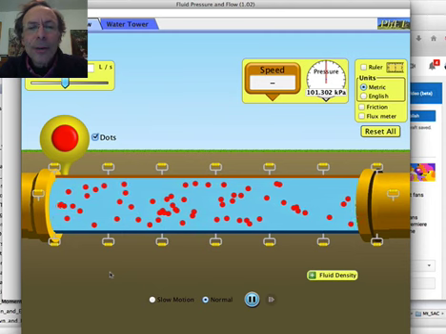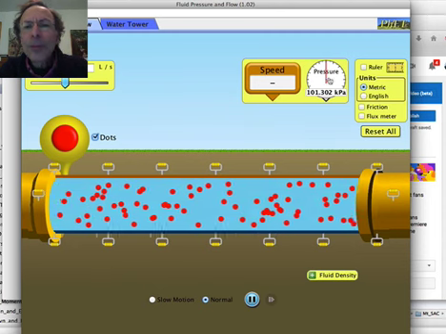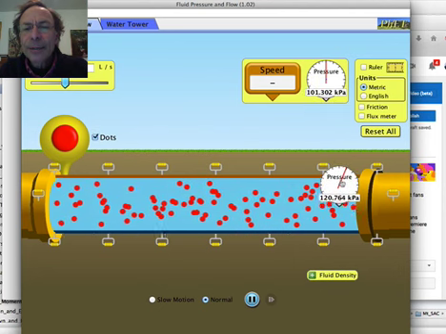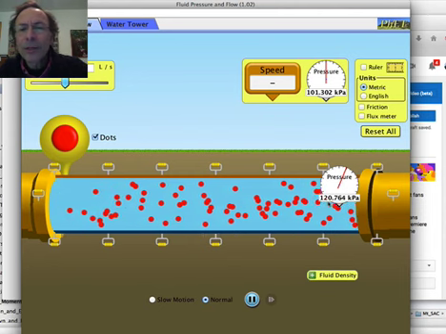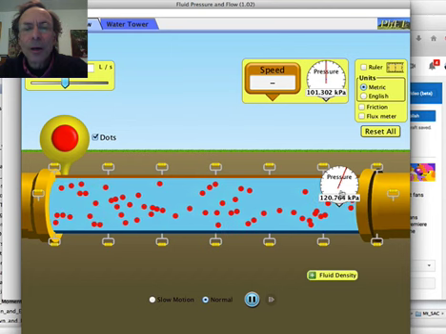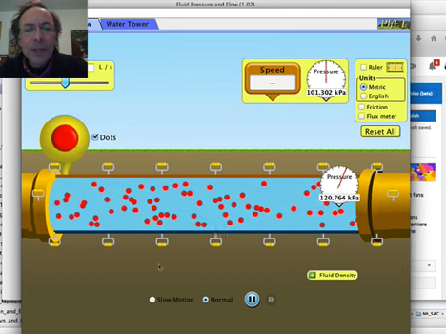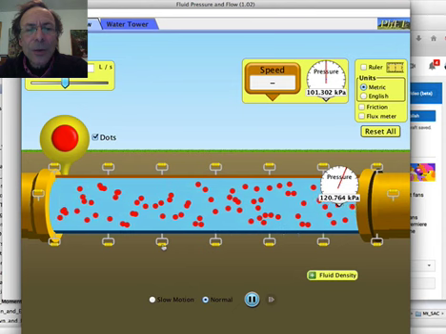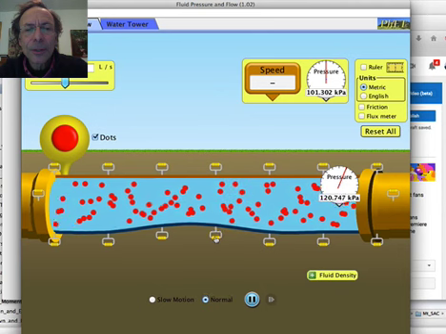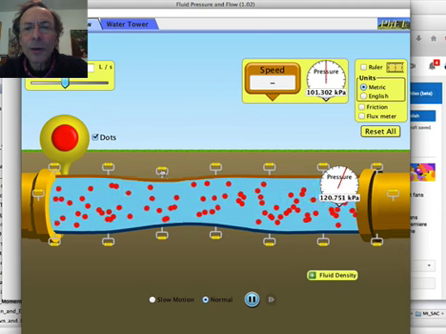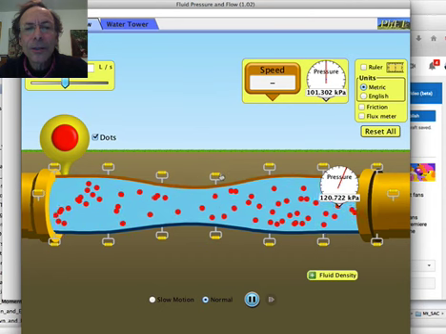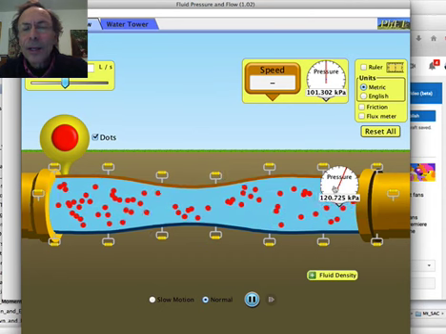So now I can put a pressure gauge in the pipe. And okay, so we've got it at a certain speed. This is the pressure of the water. Now what I can do is make the water go through a more narrow pipe like this. And now look at the pressure here.